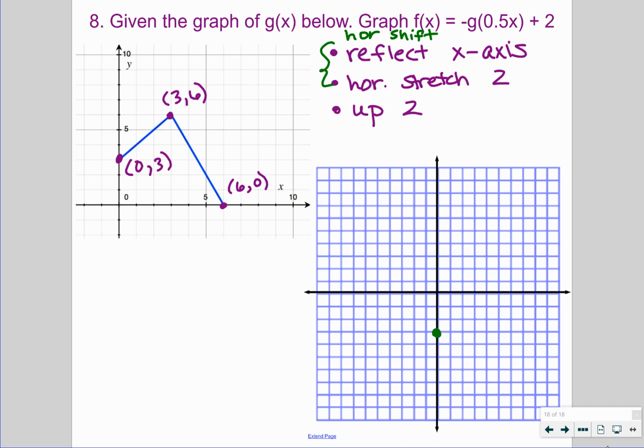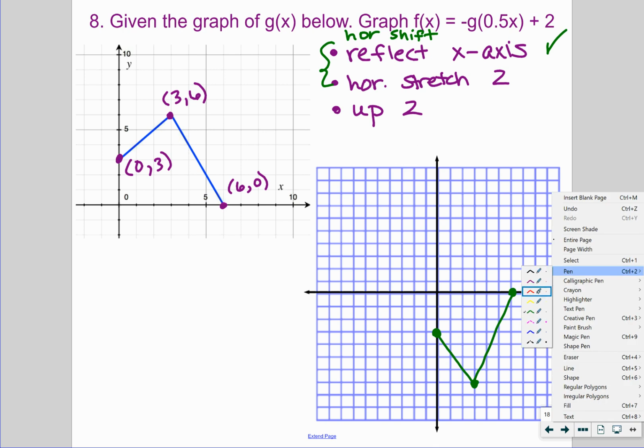I'll leave markers out if you want to do this in different colors, if that's easier on your test. (3, -6) is going to be down there. And then (6, 0) is actually on the x-axis. So is that going to change? It is not. Okay, and then you can see that reflection over the x-axis. Check. Part 1 done.